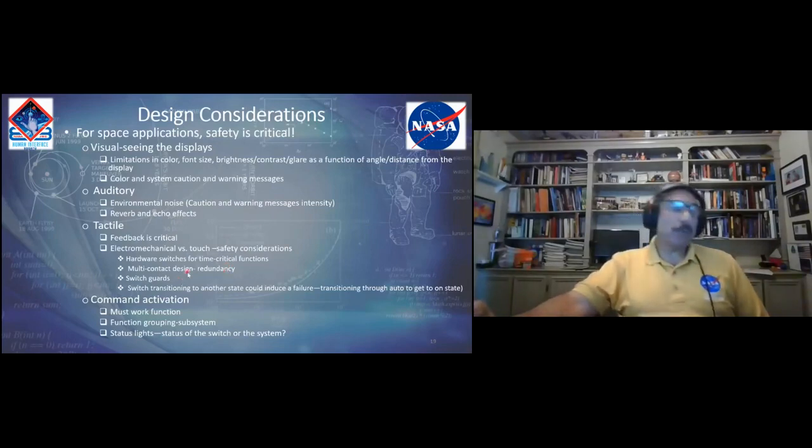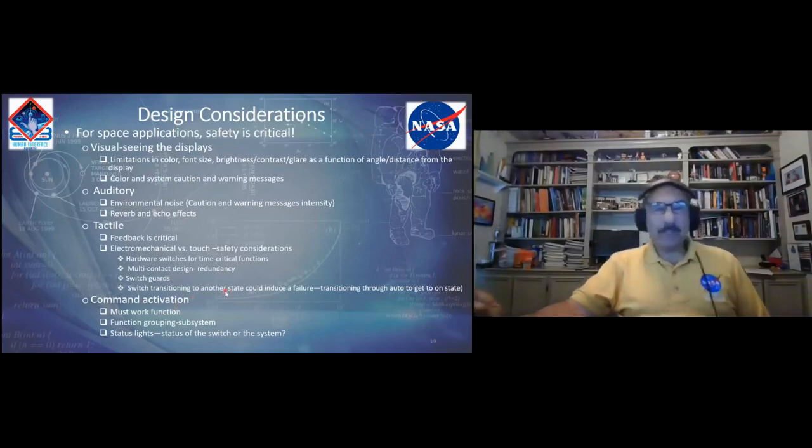Multi-contact design is basically a switch that's got three contacts, and the software and the hardware, instead of just recognizing one contact that's either on or off, it looks at three contacts to verify that indeed this switch was depressed.